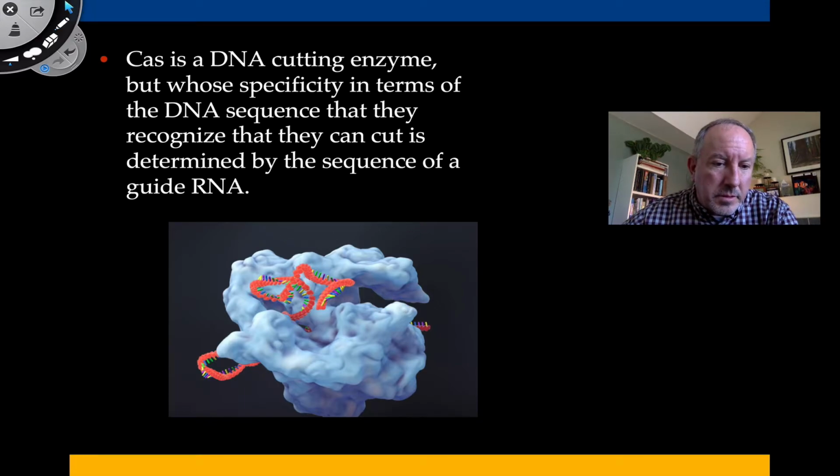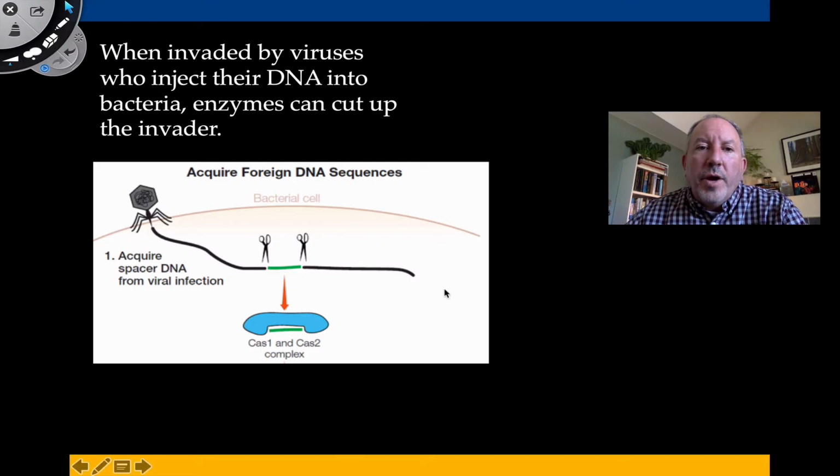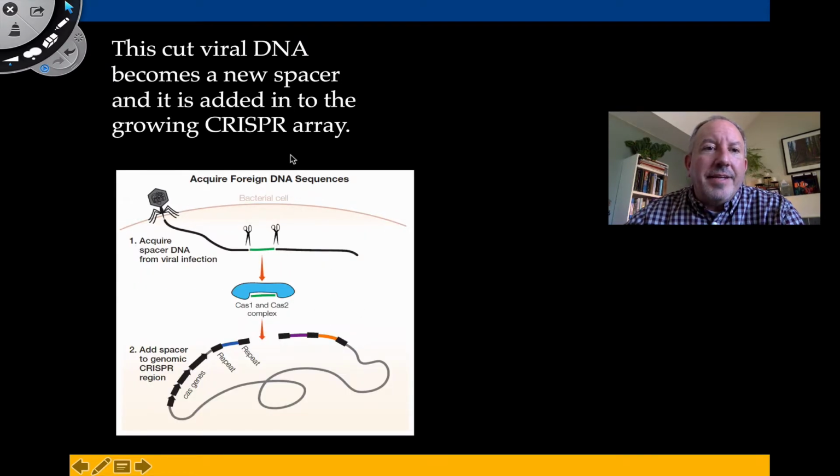When a virus injects its DNA into the bacteria, there are other Cas proteins involved, called Cas1 and Cas2. What those enzymes can do is cut up the invader DNA sequence, right in here, shown in green. Once that viral DNA is cut, it can become a new spacer and be added to the growing CRISPR array.